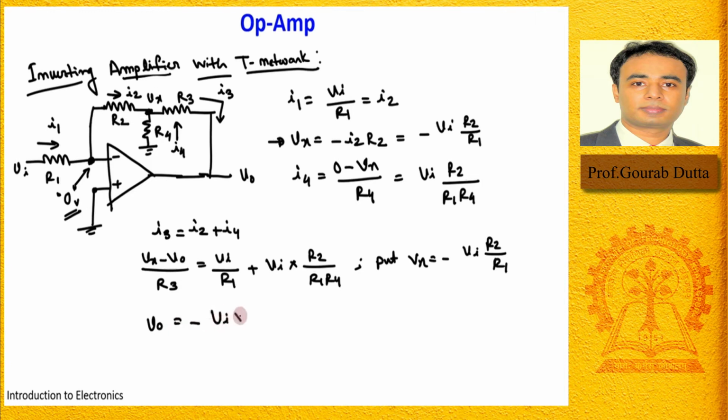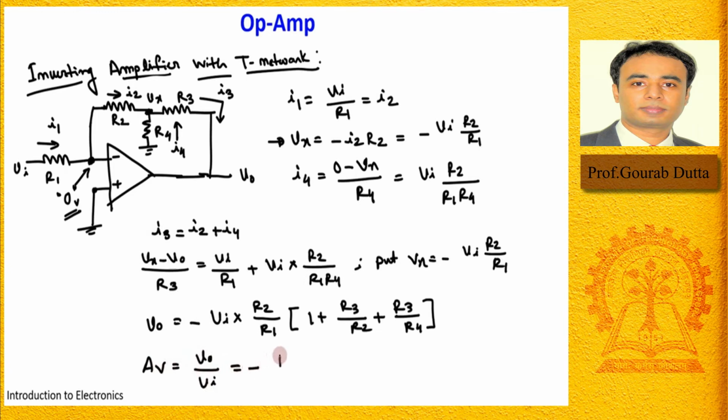V output equals V input into R2 by R1 into 1 plus R3 by R2 plus R3 by R4, right? Then if you have to estimate the gain, this gain would be equal to V output by V input. This is minus R2 by R1 into 1 plus R3 by R2 plus R3 by R4, right?